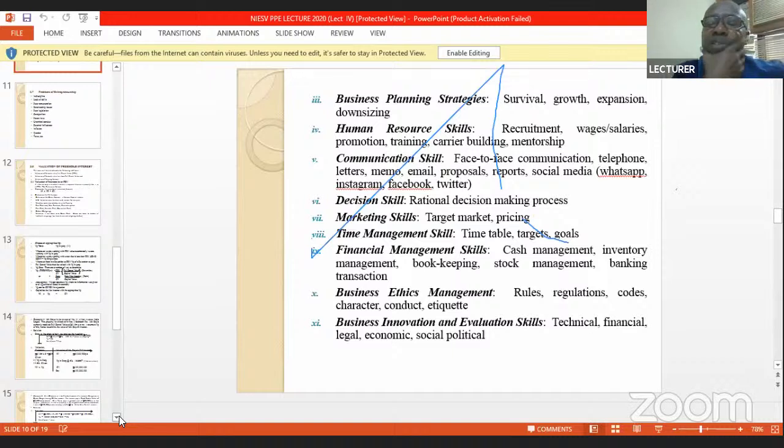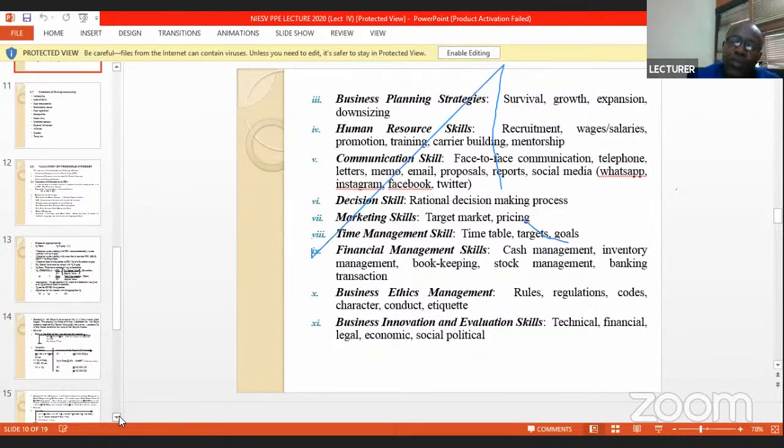Human resource skills. When we talk about human resource skills, the entrepreneur should have the following skills. Skills in recruitment of staff. Skills in wages and salaries: when to add money to your workers, to remove money from your workers.